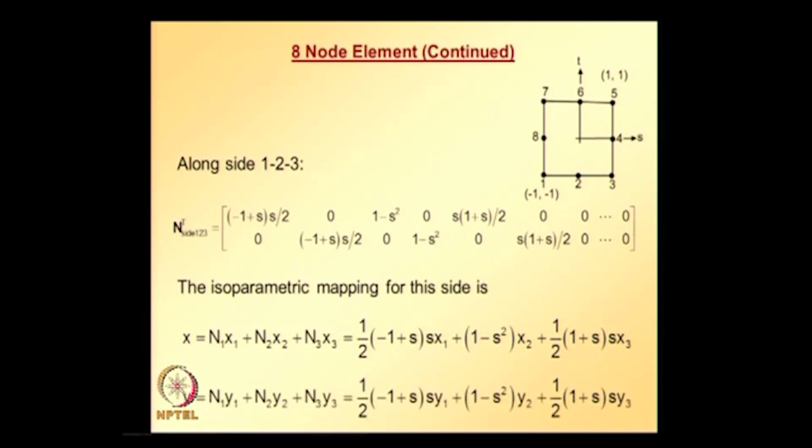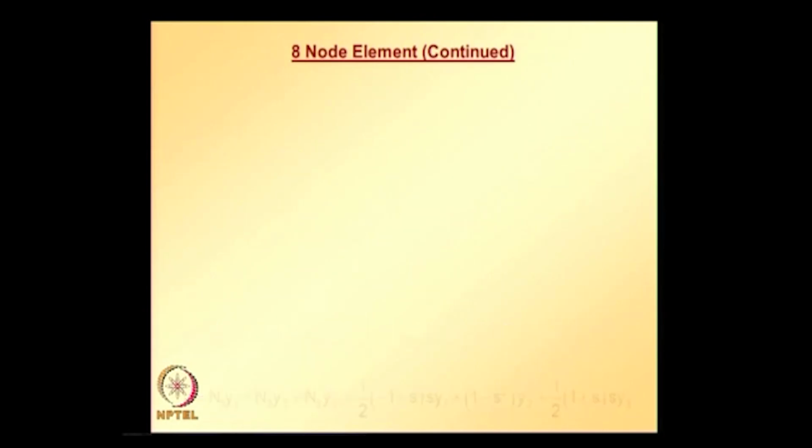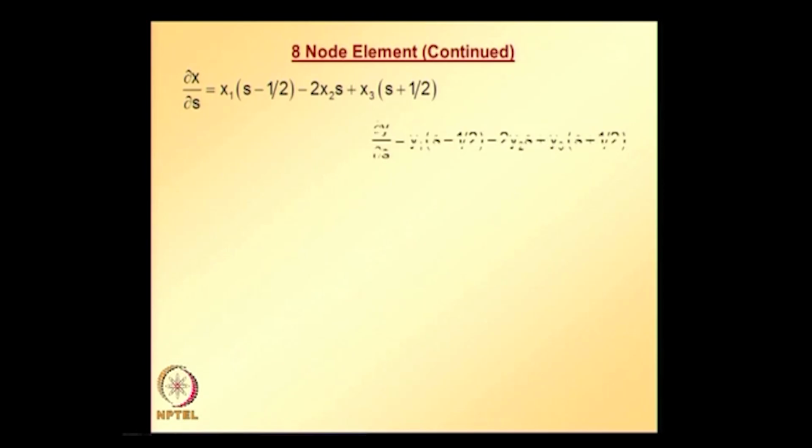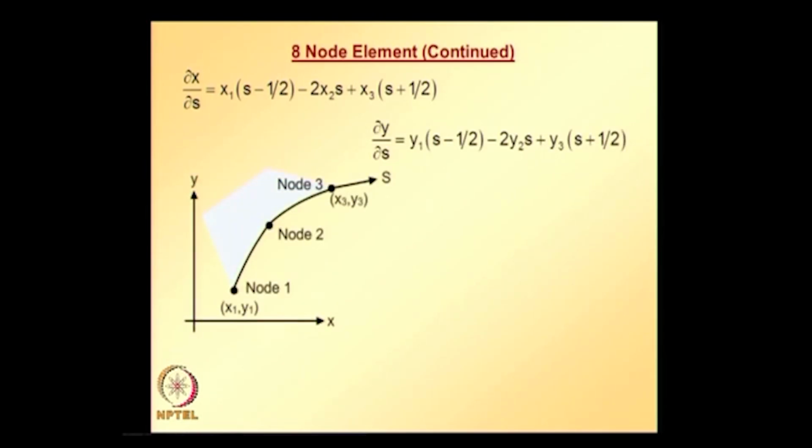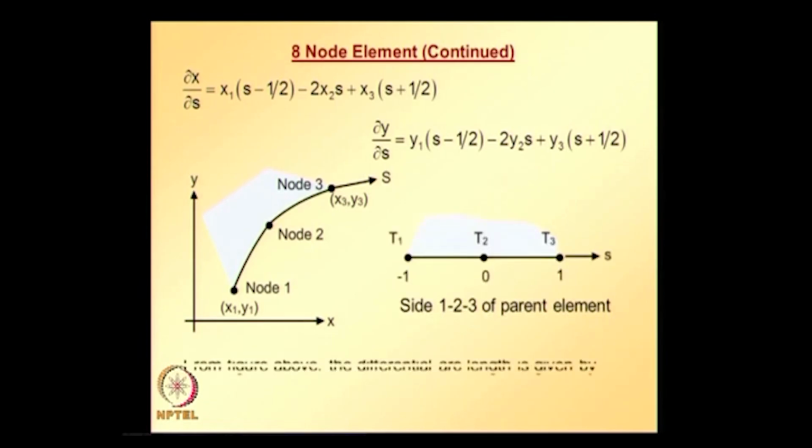Once we have these two relations, we can easily calculate the partial derivative of x with respect to s and the partial derivative of y with respect to s. The schematic shows how the differential element in the actual element is related to the differential element in the parent element.